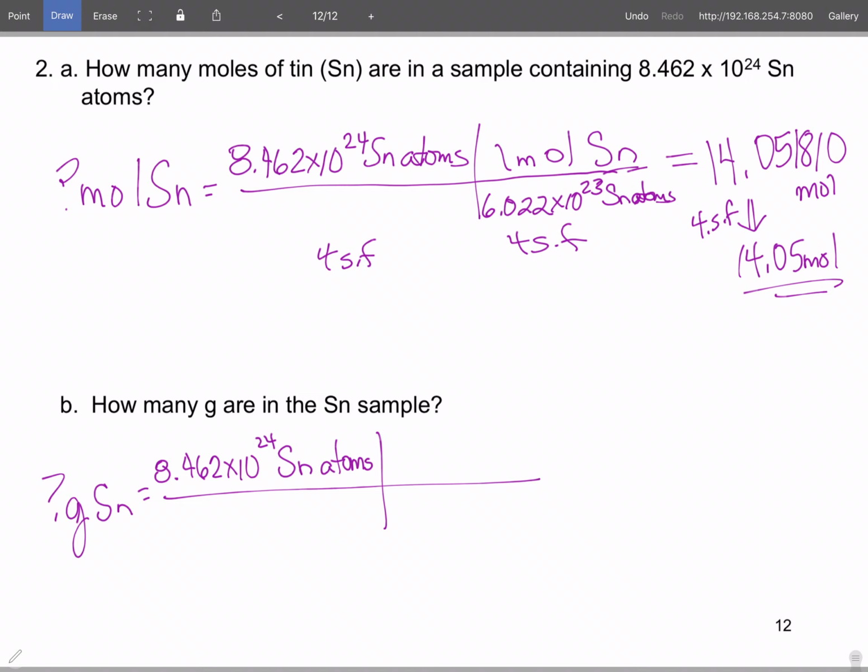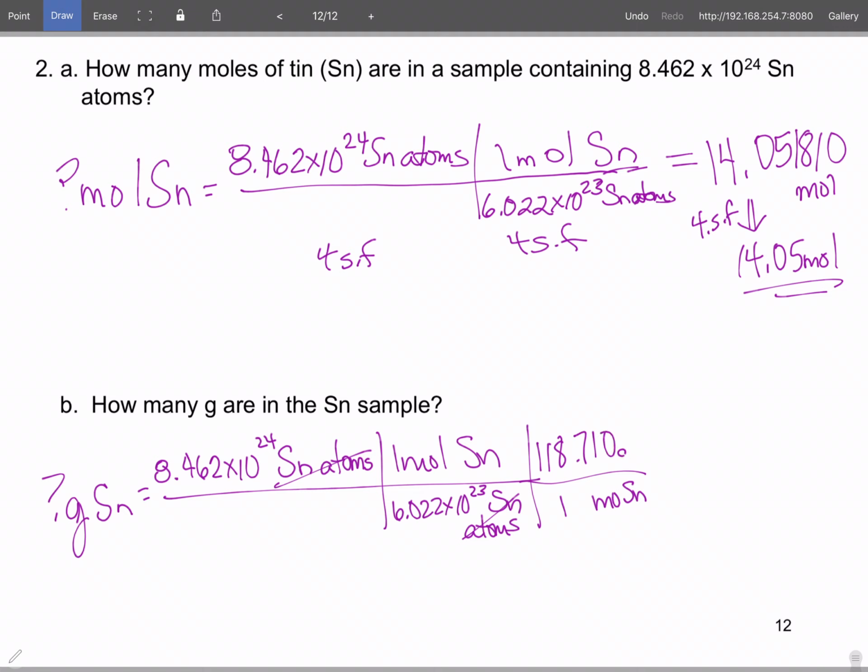Okay, so we have tin atoms here, so we have 6.022 times 10 to the 23rd tin atoms is equal to 1 mole of tin. So if you'll notice, my atoms are gone and I got my moles, but I want grams, so my moles have to go in the bottom. And I know that 1 mole of tin, and I go look it up on the periodic table because we're dealing with elementals, is that many grams of tin.